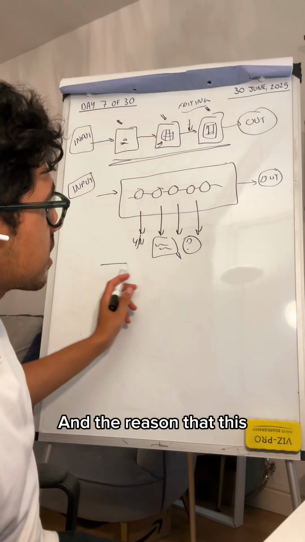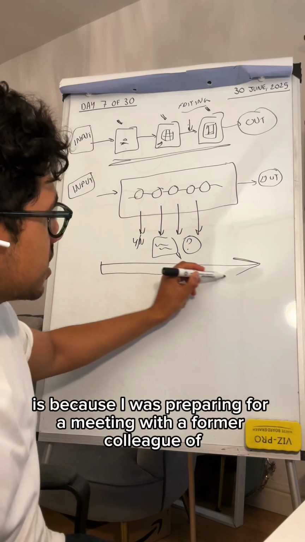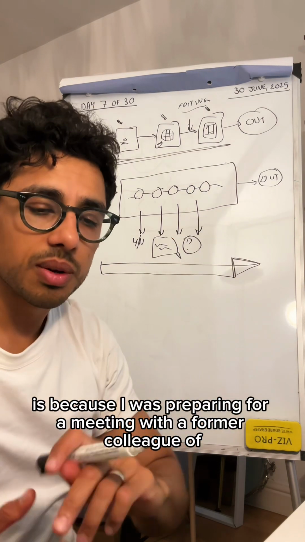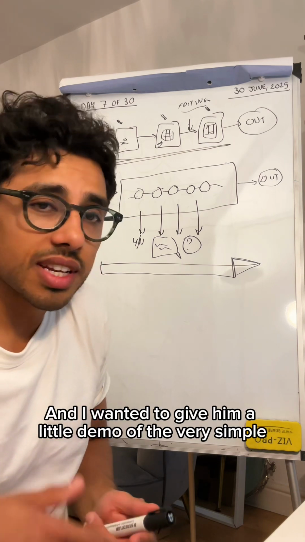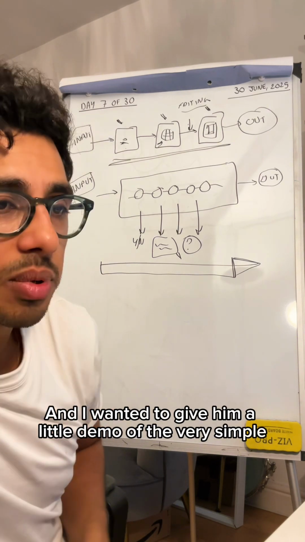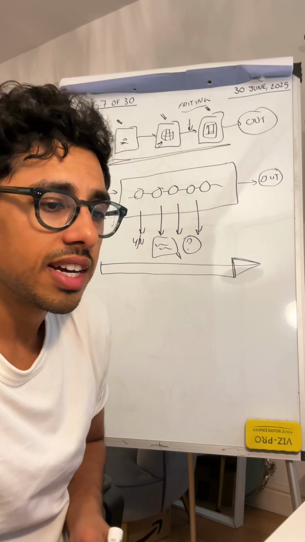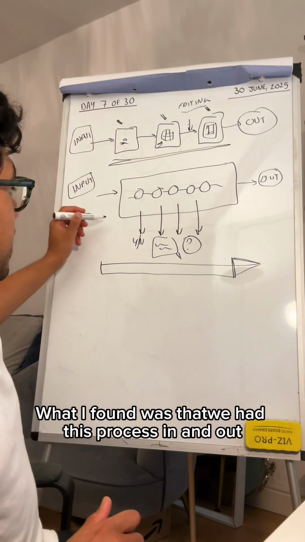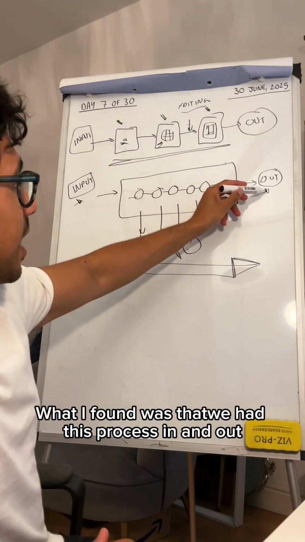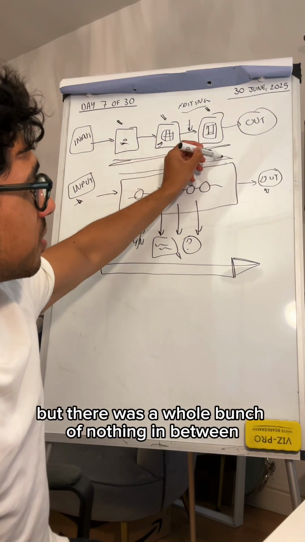And the reason this came to mind today is because I was preparing for a meeting with a former colleague of mine, and I wanted to give him a little demo of the very simple proof of concept that we had made to first prove out the idea. And what I found was that we had this process in and out, but there was a whole bunch of nothing in between.